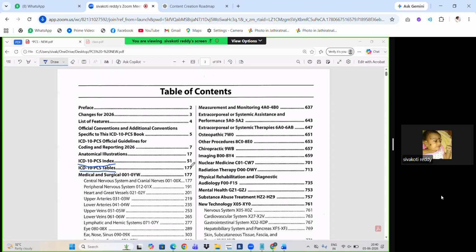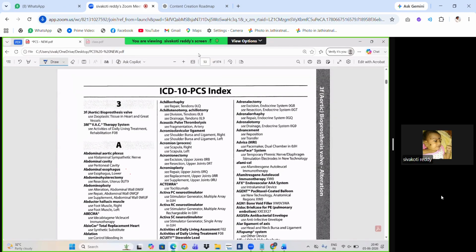So how to use the index? If you go to the index, page 51 onwards, ICD-10 PCS index. The index is like a dictionary, guys. You will get A to Z headings. Whoever knows dictionary usage can easily get the PCS code in the index.